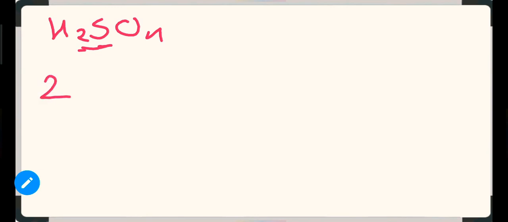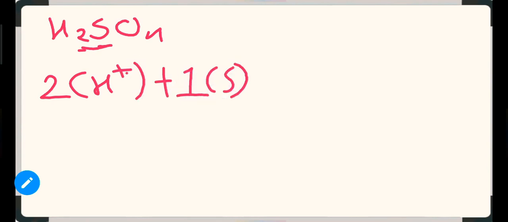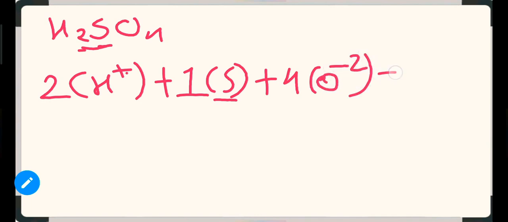Suppose our target is to find the oxidation state of sulfur in H2SO4. How can we do it? Simple: the number of hydrogen multiplied by its oxidation state, which is plus 1, plus the number of sulfur multiplied by its oxidation state, which we have to find, plus the number of oxygen multiplied by its oxidation state, which is minus 2, is equal to the total charge.